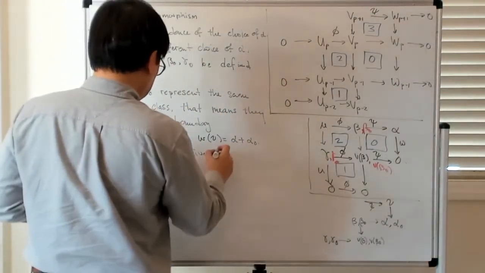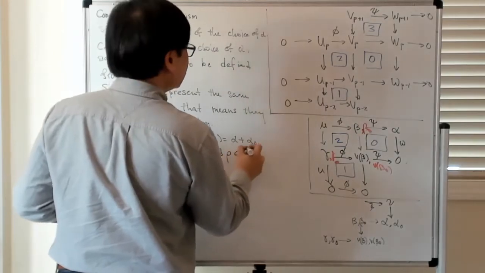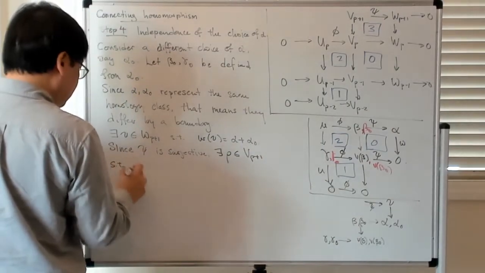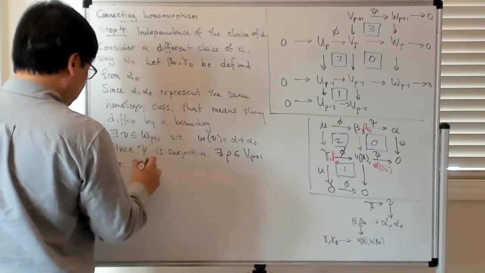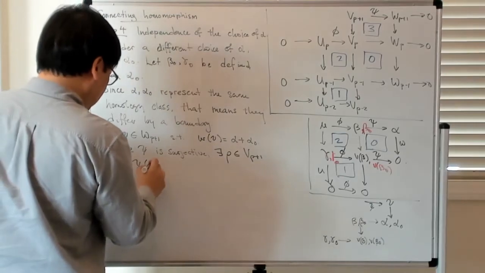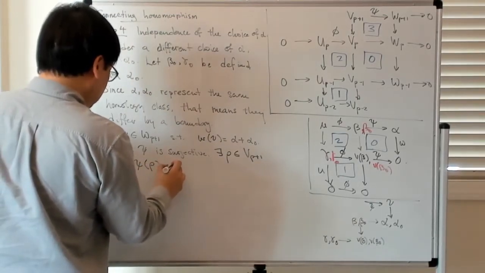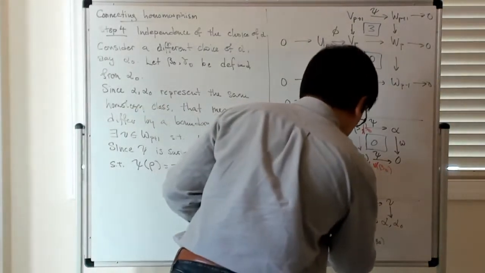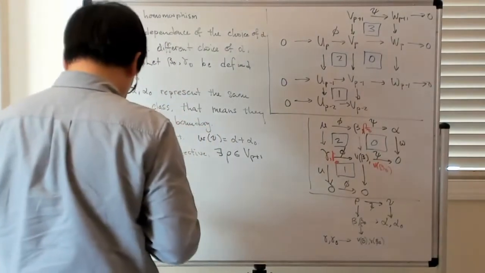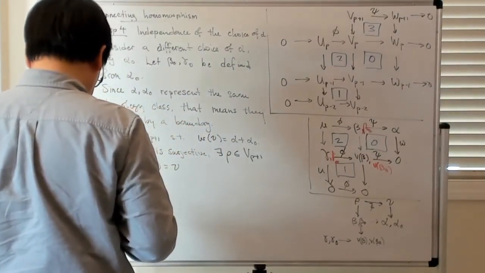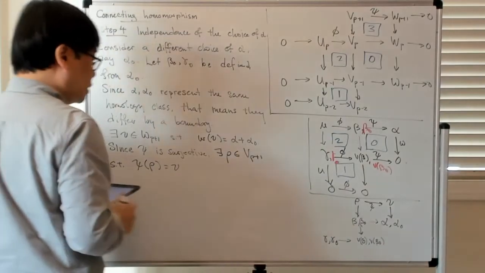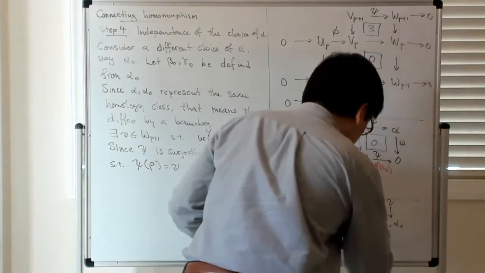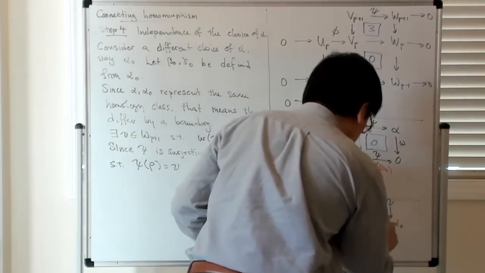There exists a rho in V P plus 1 such that psi of rho is equal to nu. Then that diagram is the third box here. So this is box 3.